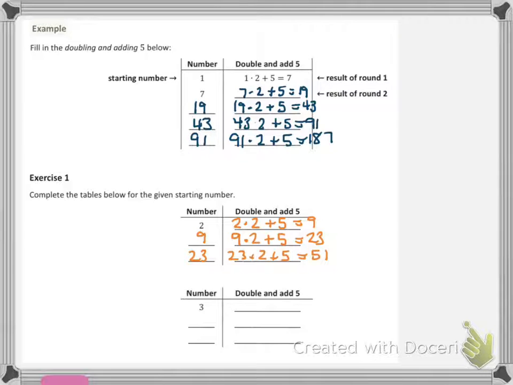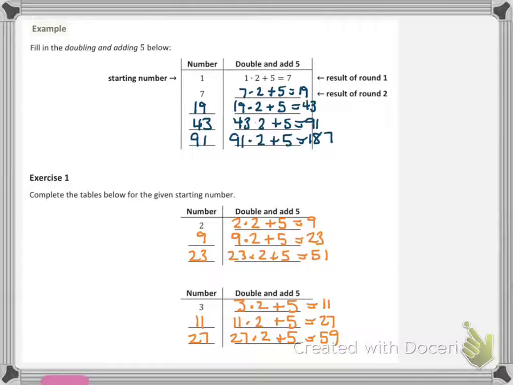Third one, start with the 3. 3 times 2, 6, plus 5, 11. 11 starts our next round. 11 times 2, 22, plus 5, 27. 27 starts our last round. 27 times 2, 54, plus 5, 59.